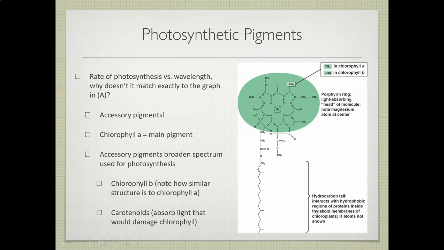All right. And then we also have those carotenoids, and those carotenoids help to absorb some additional light energy at that blue and purple range, right? That's the high energy side of things, without allowing that high energy to do too much damage to the chlorophyll molecules, which are going to be kind of the workhorses here.